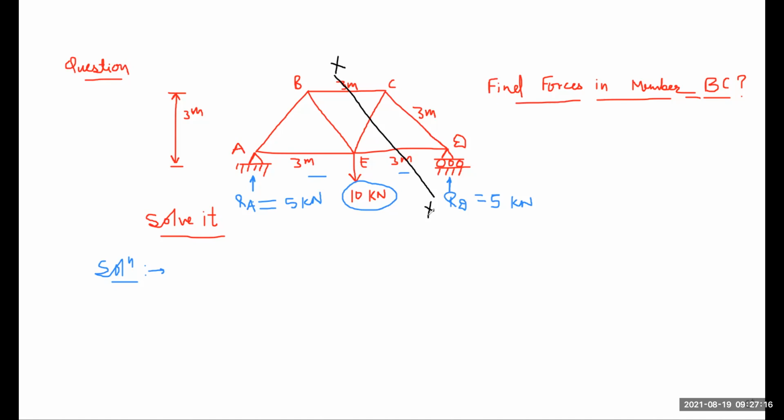So here we have a point C. From this point C, a member comes like this. This is our CD member. Also on this side, a member is going, from D. So this is your D point.